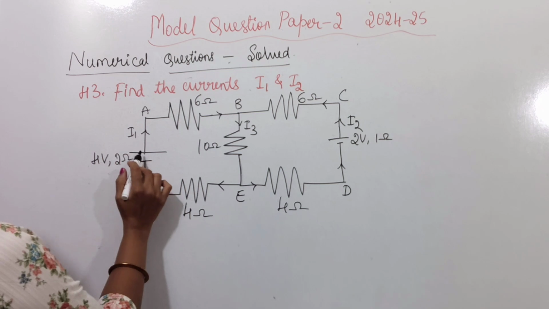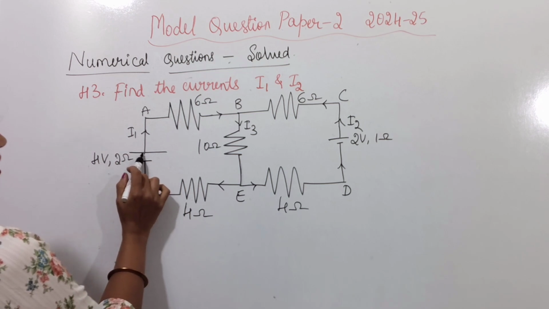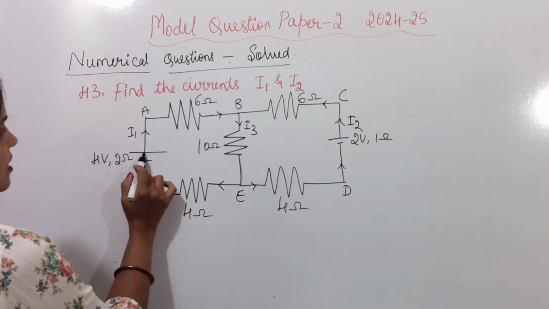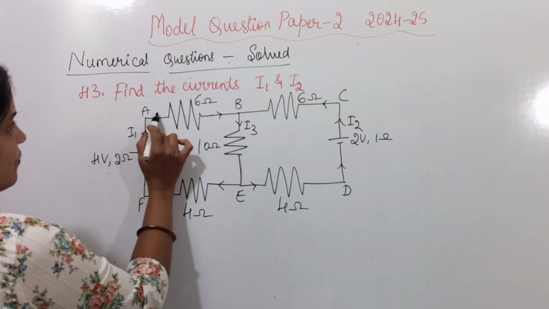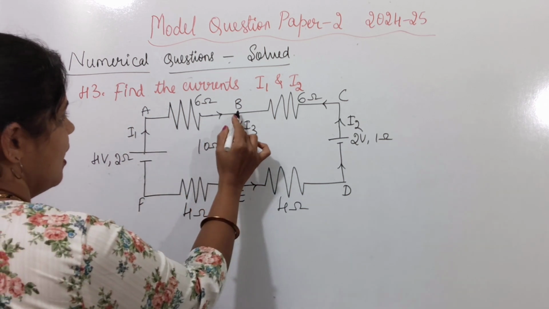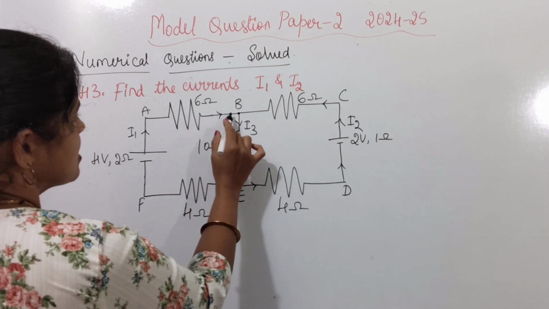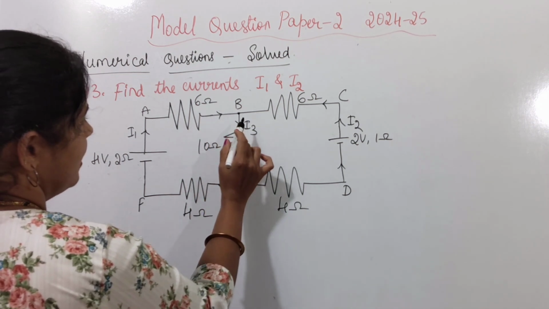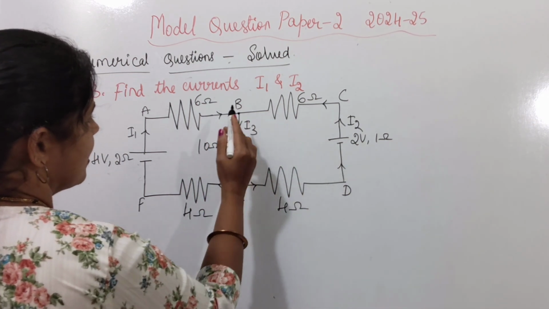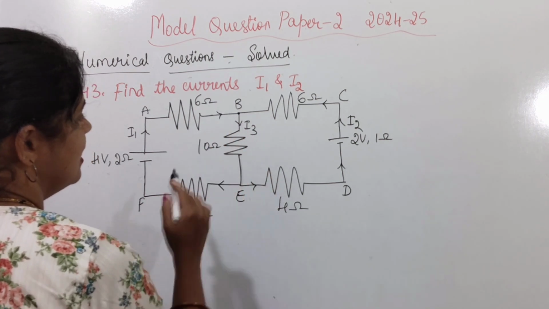Look at the direction of current. Battery current always starts from the positive of the cell. So from the positive of the cell, I1 is flowing like this. This is I1, and as it comes to the point B, I1 is entering the point B and I2 is also entering the point B, whereas I3 is leaving.